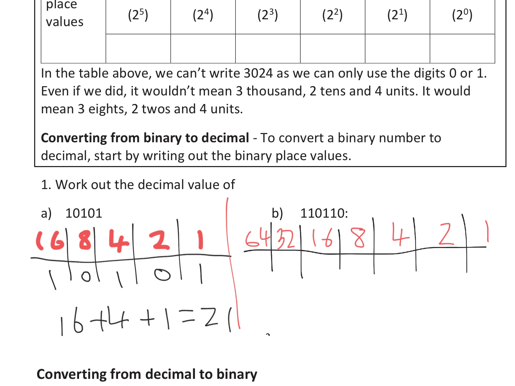So the number, maybe best going from right to left. 0, 1, 1, 0, 1, 1. That's our binary number, which means we've got 32, 16, a 4, and a 2.